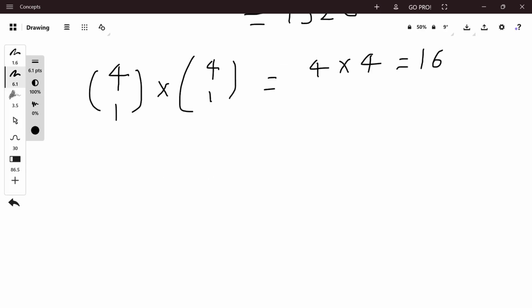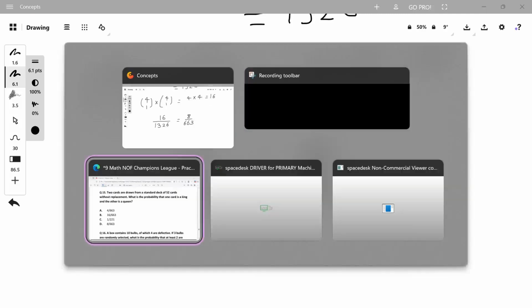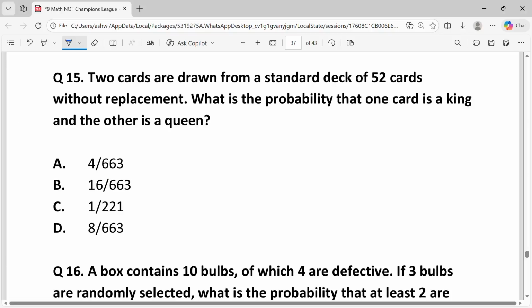The probability is the ratio of favorable outcomes to total outcomes, which is 16 upon 1326, which is equal to 8 upon 663. From the given options, the answer is D, 8 by 663.